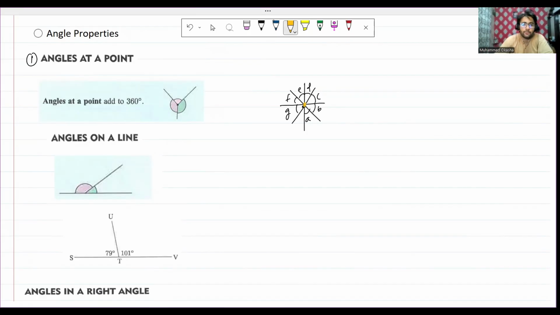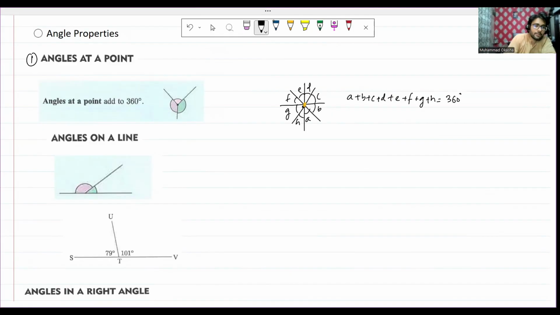They all add up to give 360 degrees. A plus B plus C plus D plus E plus F plus G plus H. They all add up to give 360 degrees. Angles at a point means one complete rotation, and that's 360 degrees.